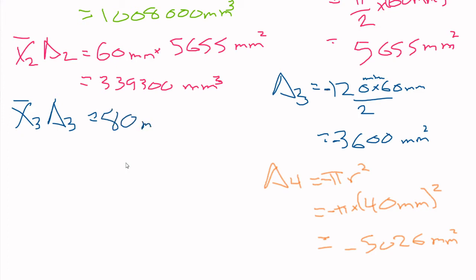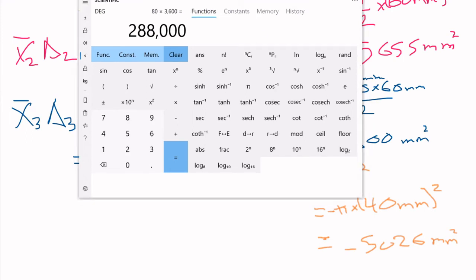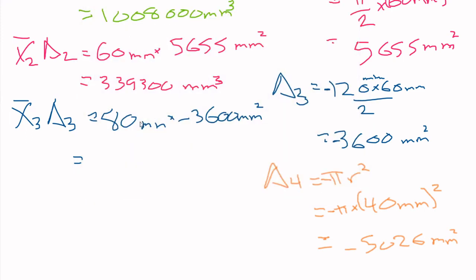So 80 millimeters times our negative 3,600 millimeters squared is negative 288,000 millimeters, not fourth, cubed.